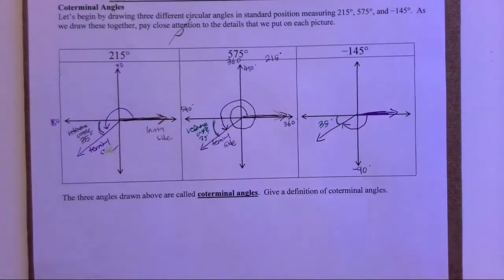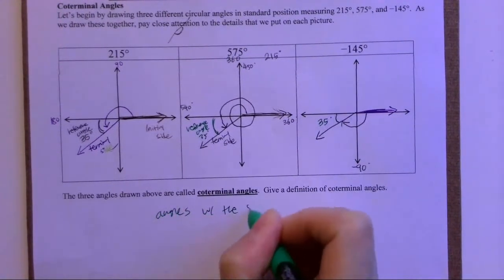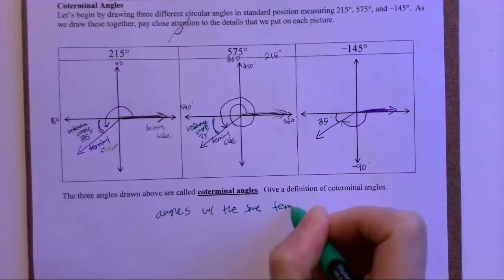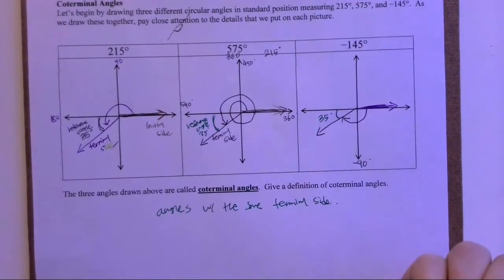Okay? All right. So these 3 angles all have very similar things going on. They're called coterminal angles. Let's give a definition of what coterminal angles are. What would you say? Angles with the same terminal side. That's the definition of coterminal angles: angles with the same terminal side.